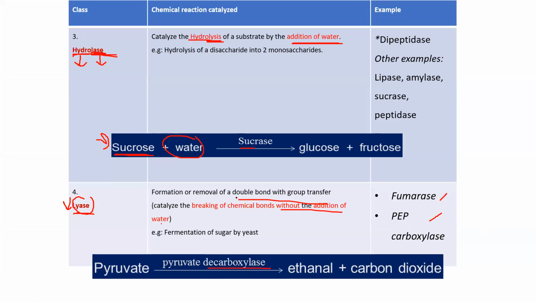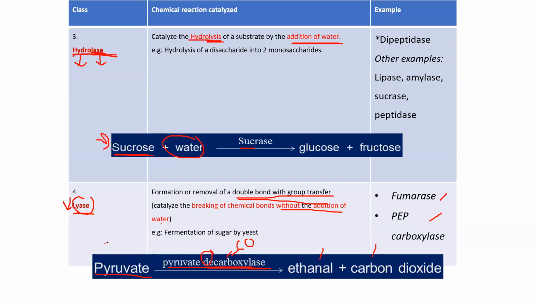Another example is pyruvate decarboxylase. Nampak? Dia terlibat dalam group transfer kan? So decarboxylase removes the carbonyl group, carbon from the reaction. Pyruvate is the substrate. The function of pyruvate decarboxylase is to break pyruvate into two molecules, which are ethanol and carbon dioxide.